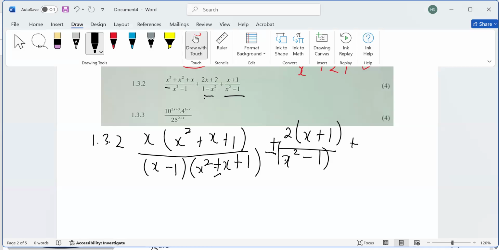Plus, let's look at this one. Is there anything that I can do on this one? No, there's nothing. So I'm going to write x plus 1 all over. Look at this one. Is there anything that you can do? Yes, it's a difference of 2 squares. So if you have a difference of 2 squares, you open 2 brackets like this: x minus 1 and x plus 1.